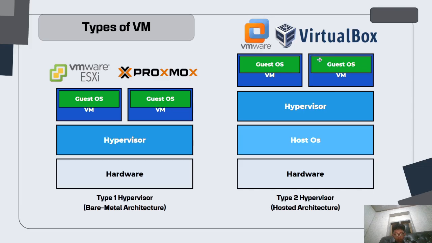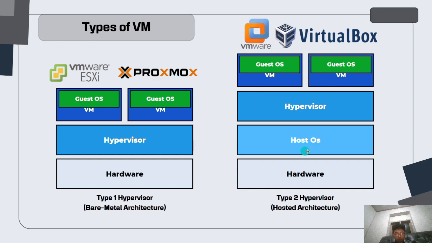So for bare metal, we can directly install the hypervisor, for example on a PC server. Usually there is no host OS, so that's why we can directly install the hypervisor.